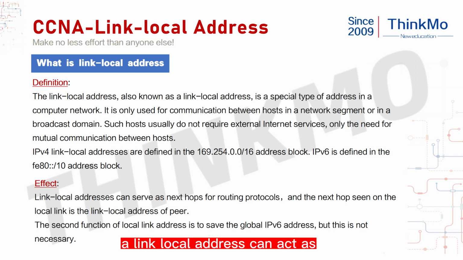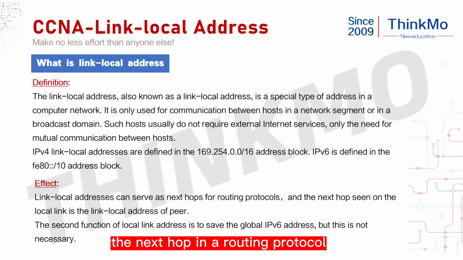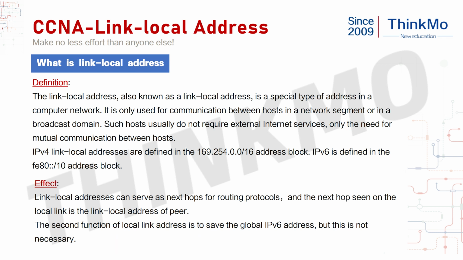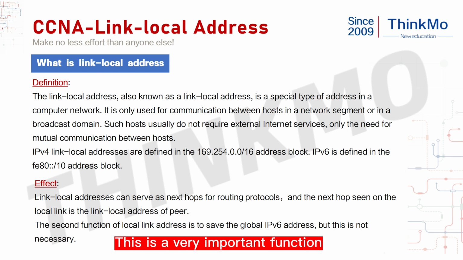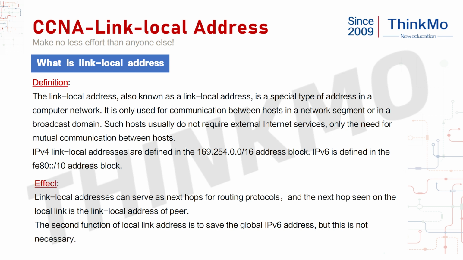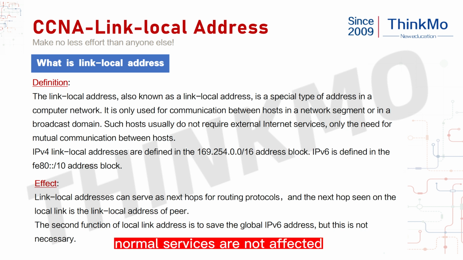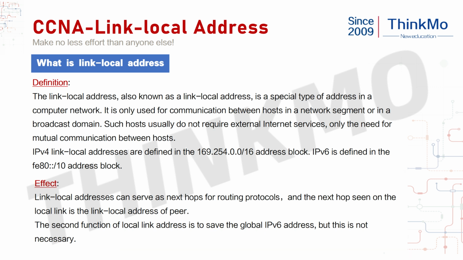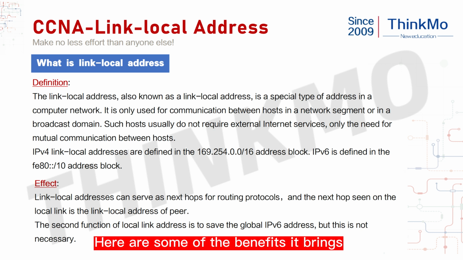A link local address can act as the next hop in a routing protocol. This is a very important function. When it acts as the next hop in the routing protocol, we can change the global address and normal services are not affected. This means that normal service communication is not affected. These are some of the benefits it brings.